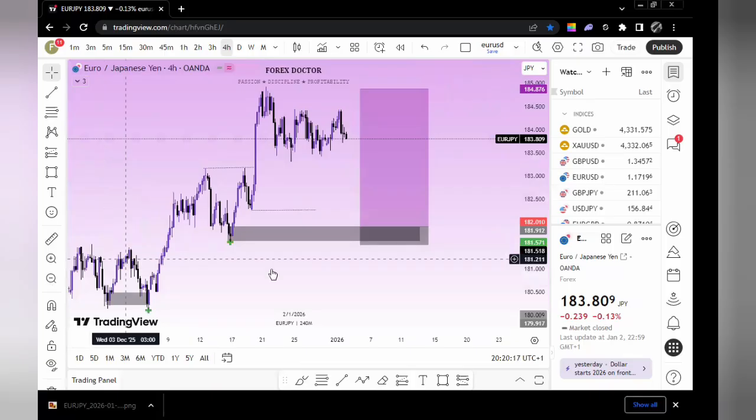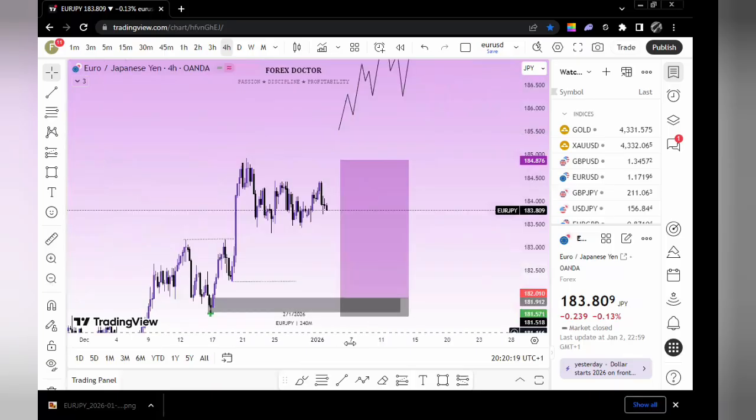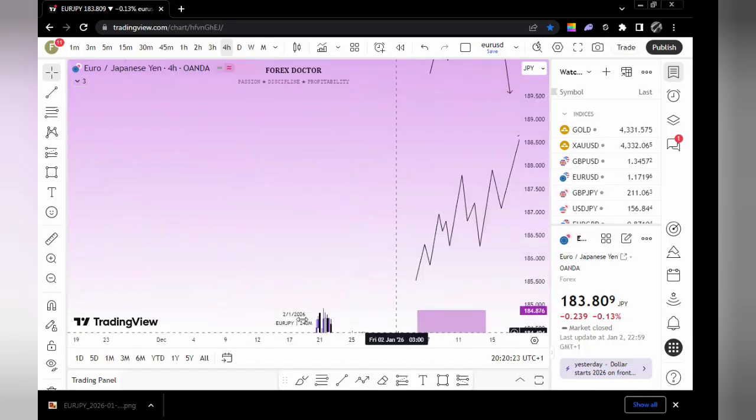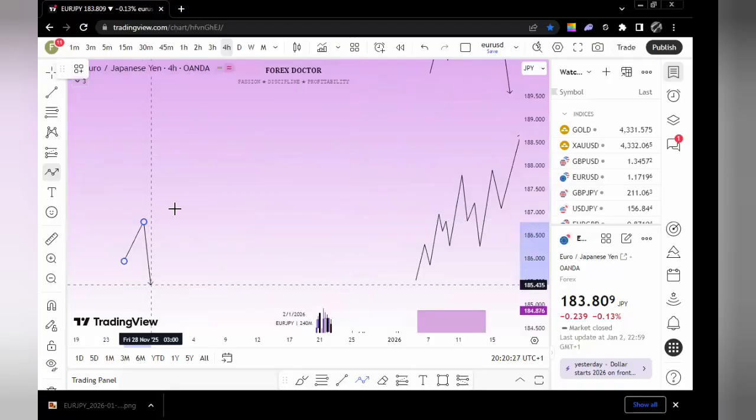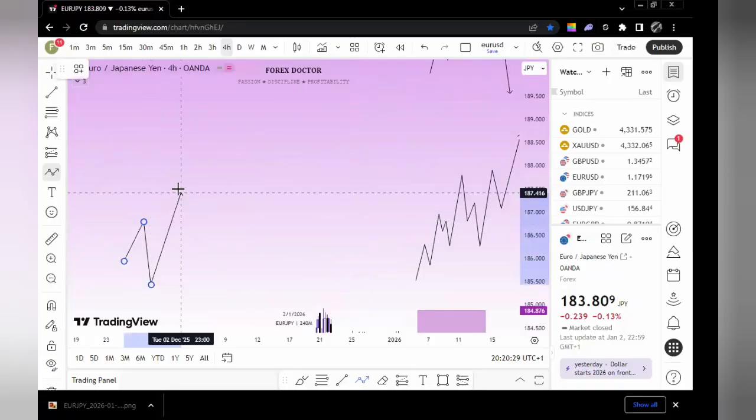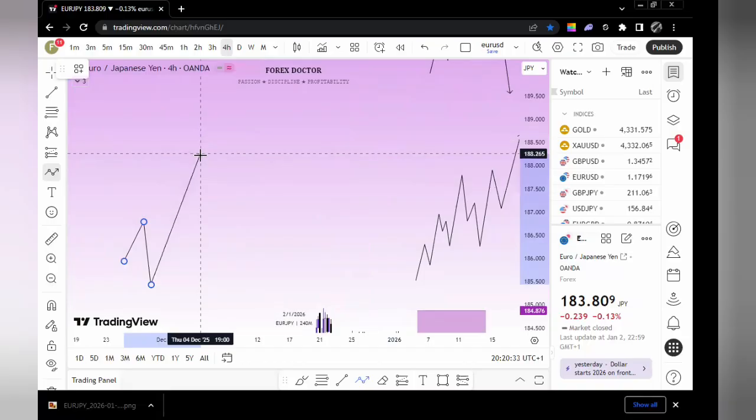And moving on, we then had breaker blocks. I showed you our type A, type B breaker block. What differentiates your breaker block is the way the sweep of liquidity is, compared to a mitigation block. So you have your breakers like this.